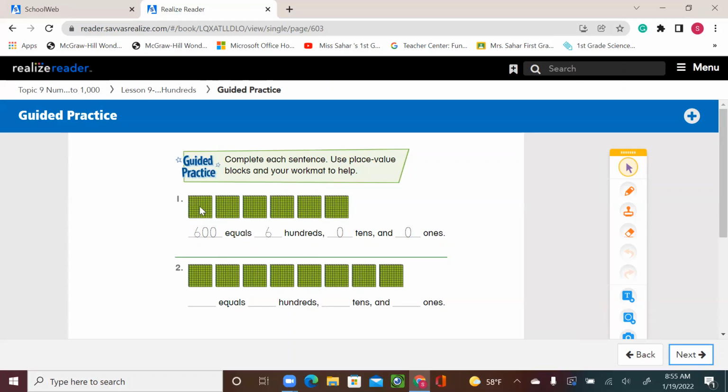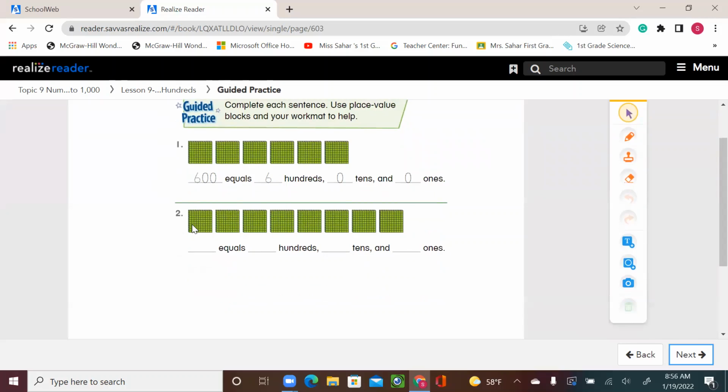So let's see what we have. 100, 200, 300, 400, 500, 600. So 6 flats of 100 make 600. So 600 equals 6 hundreds, 0 tens and 0 ones, nothing left. It's only flats of 100.